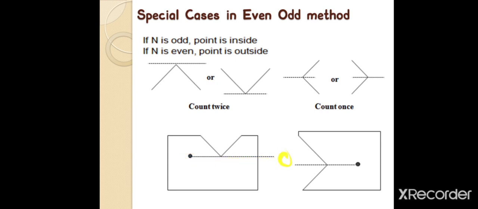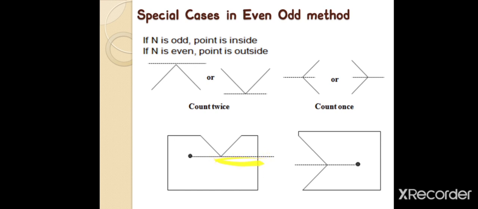For that purpose, this is the outside point we have considered. This is the question point. If our line is going to intersect at the vertex, and for this vertex both these polygon edges lie on the same side, then we have to count that as twice. So here 2 and here 1 intersection, 2 plus 1, the answer will be 3.